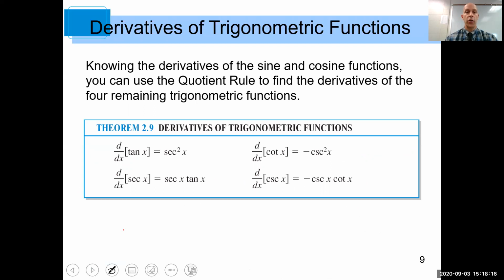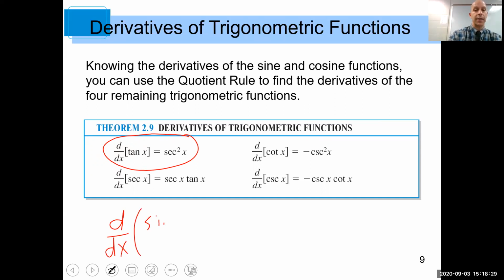Okay, so here's some of those trig functions. We already know the derivative of sine and cosine. And let's talk a little bit about the derivative of tangent. Now remember, tangent is the same thing as sine over cosine, right? So guess what rule we could apply to find that derivative? Well, we could do the quotient rule.